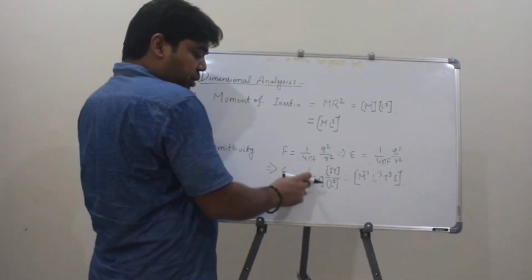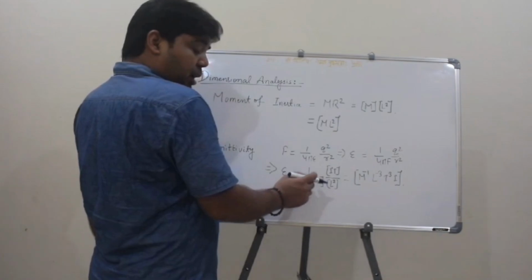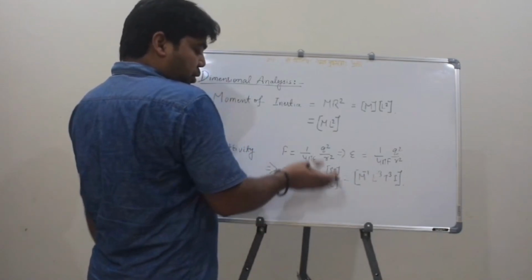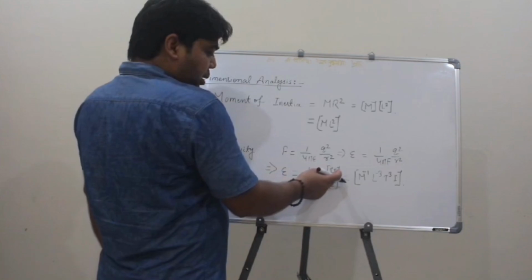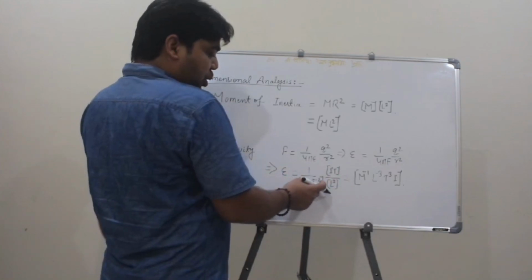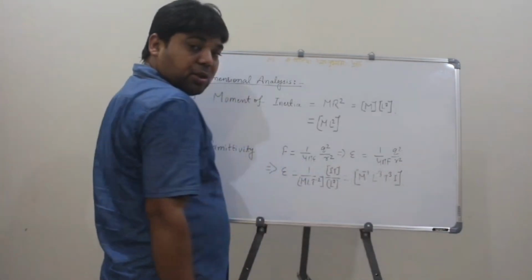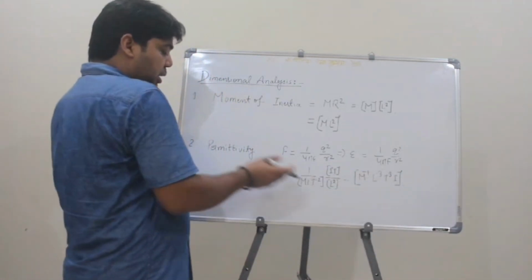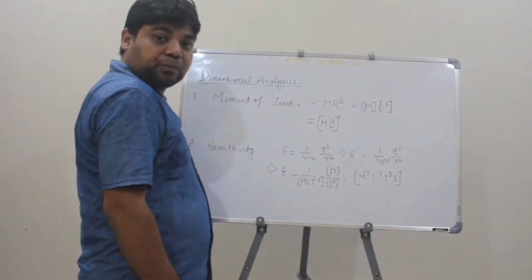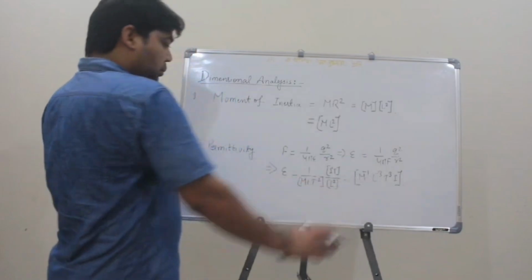So M inverse, L square and L gives you L cube, which goes to minus L cube, and then T, where T to the power minus 2 adds to become T cube, and then I, which is the current. So here is the dimension of permittivity of media.